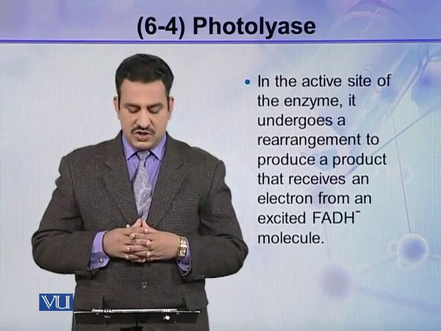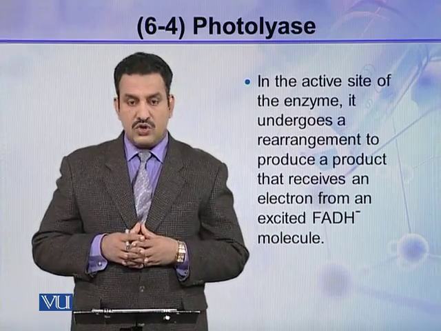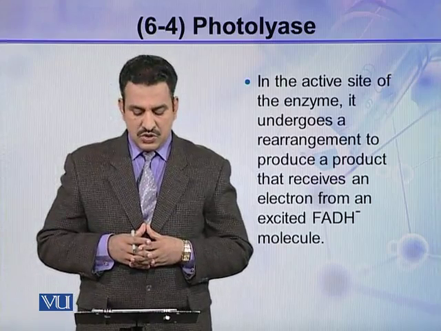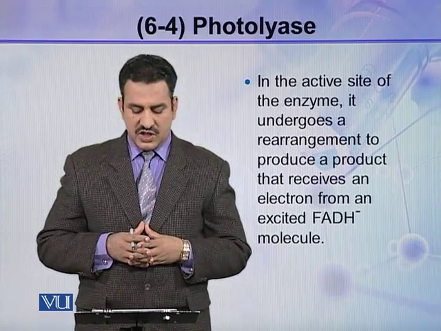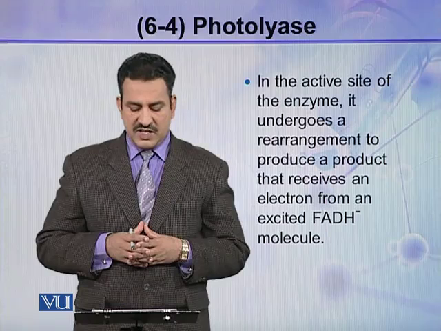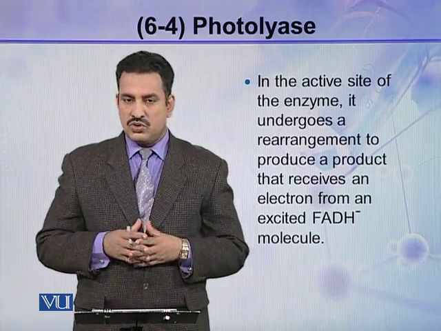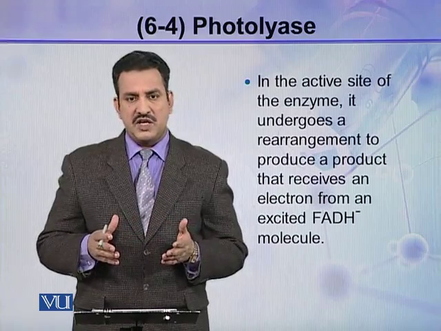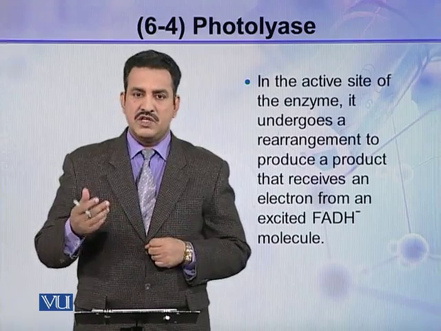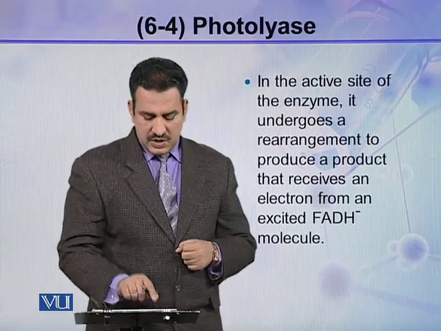In the active site of the enzyme, it undergoes a rearrangement to produce a product that receives an electron from an excited FADH molecule. So this mechanism is the same as happens in the case of CPD photolyase.